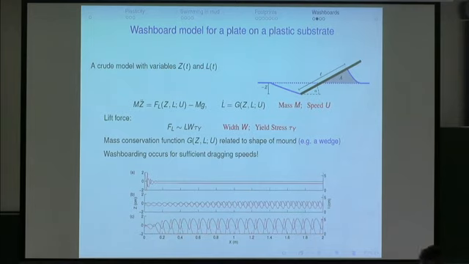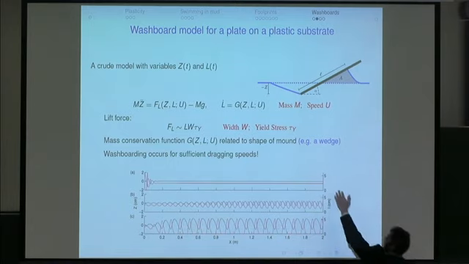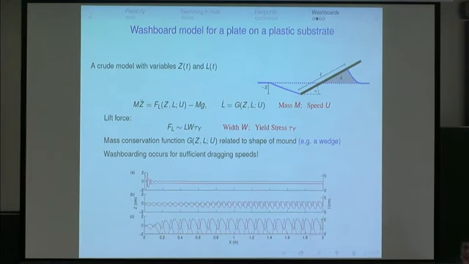What I'm showing you at the bottom here is three solutions of this model with suitably chosen lift forces and conservation of mass functions: low speed, intermediate speed, and high speed. The one that we're actually using says that the lift force is proportional to the contact length and the yield stress, so it's like one of these plastic indentation lift forces. The red is the contact length, the black is the depth of penetration.